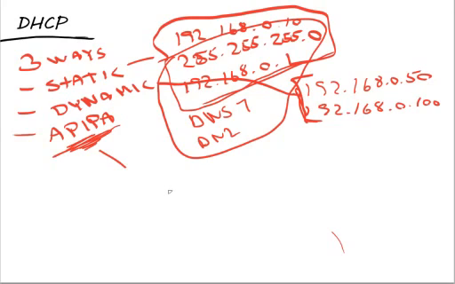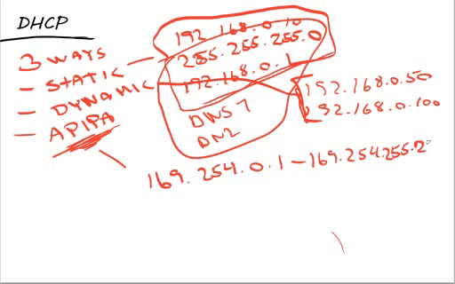You'll get an address of 169.254.0.1, and so on, all the way up to 169.254.255.255. So this is the range of the APIPA addresses.